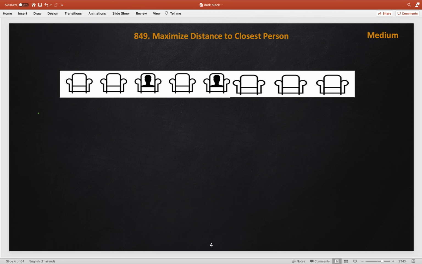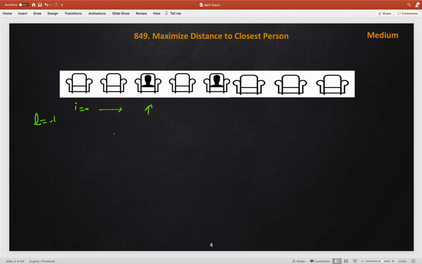What we will do is start a pointer L equals to -1 and iterate the array from i equals to 0. If it is empty, we will keep moving right. Whenever we reach a place where a person is sitting, this is the place where we need to decide.